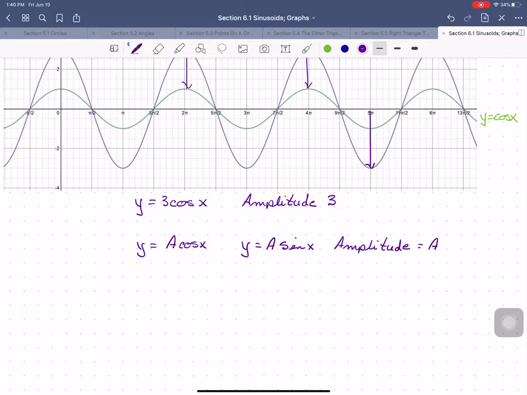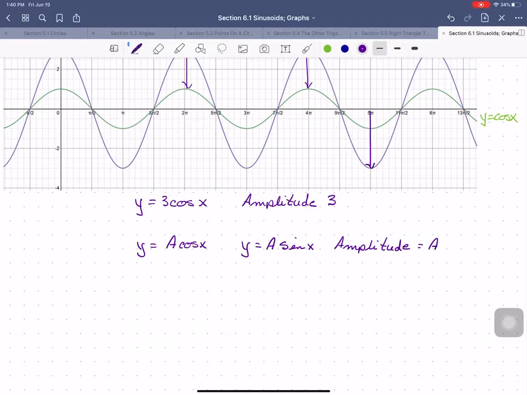So, up to now, my midline has been the x-axis. And that's because I've always put my origin in the center of my circle. If I don't put my origin in the center of my circle, my midline shifts up.